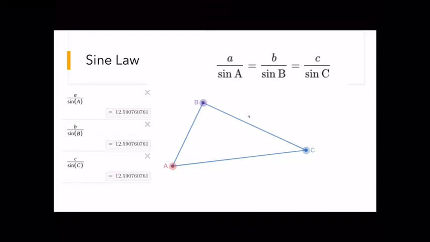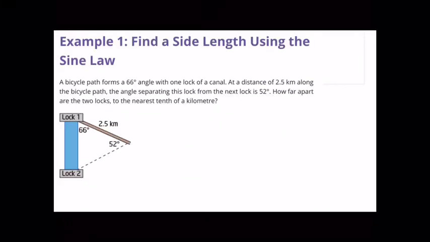So just making sure that we understand that we are always using the opposite side to the angle, and using the sine for that angle. But all three of them will be equal. So we can use this to solve any acute triangle. So let's go straight into our examples.